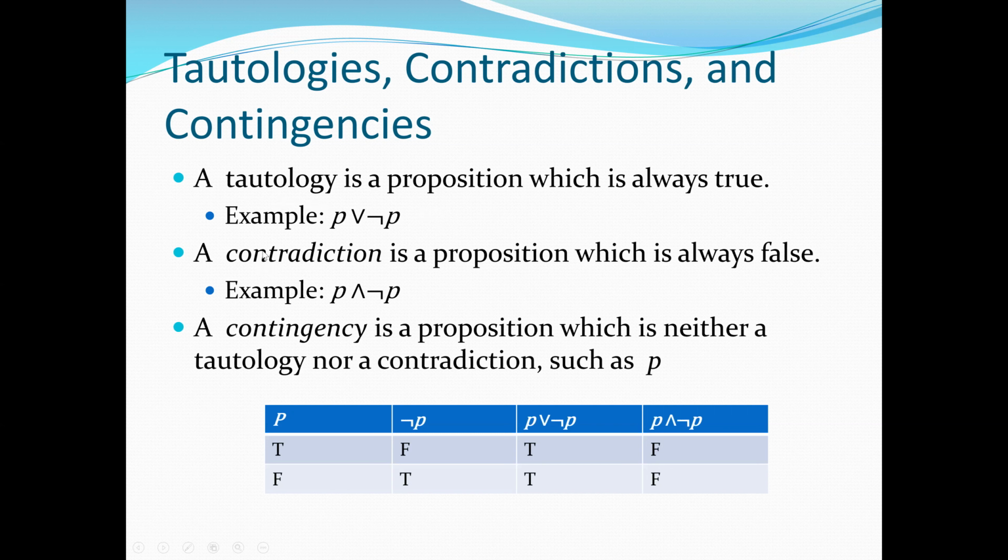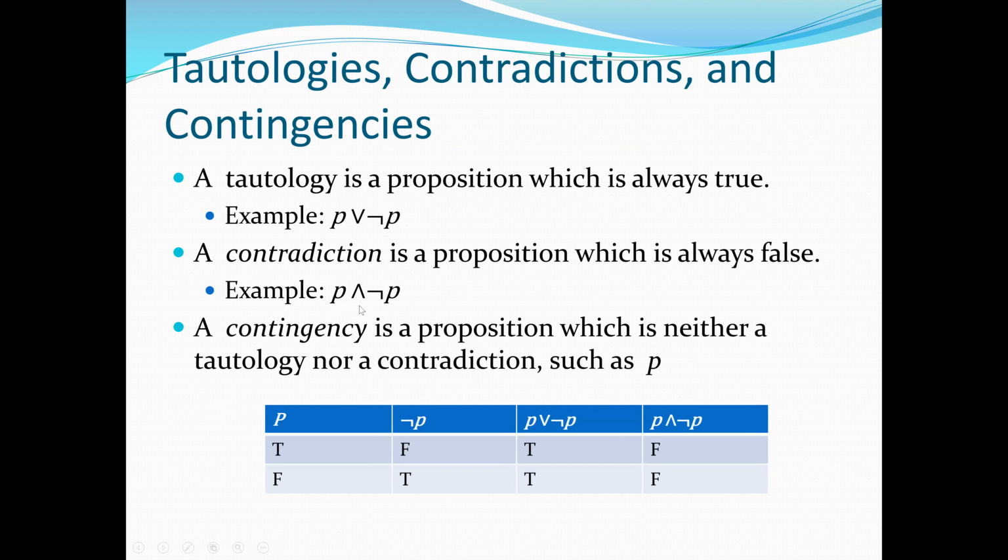And also we have the term contradiction. Contradiction means the expression is always false. So a contradiction is a proposition which is always false. A very simple example: P and not P is always false, because we only get true with the and operator, which is conjunction, if both conditions are true.